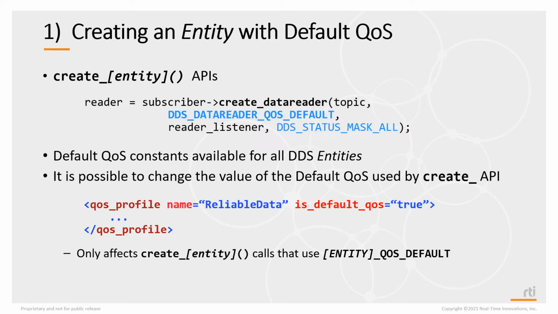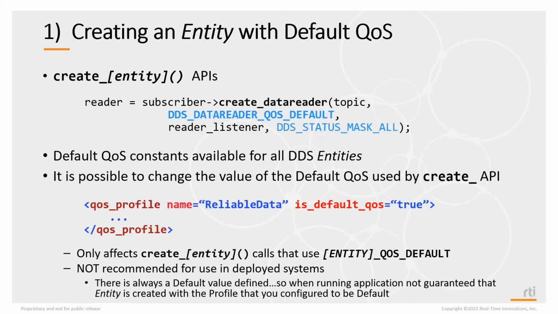So when you create an entity and that function call is being passed the entity's QoS default constant, instead of using the documented defaults, we can actually use a QoS profile that you've set with is default QoS profile true. However, this is not good practice. It's really not recommended.